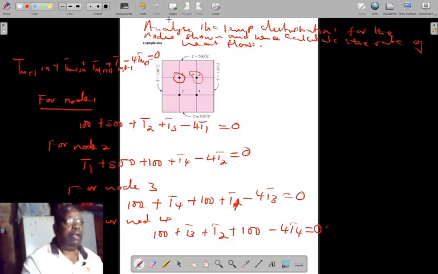So now we've come up with 4 simultaneous equations with 4 unknowns.